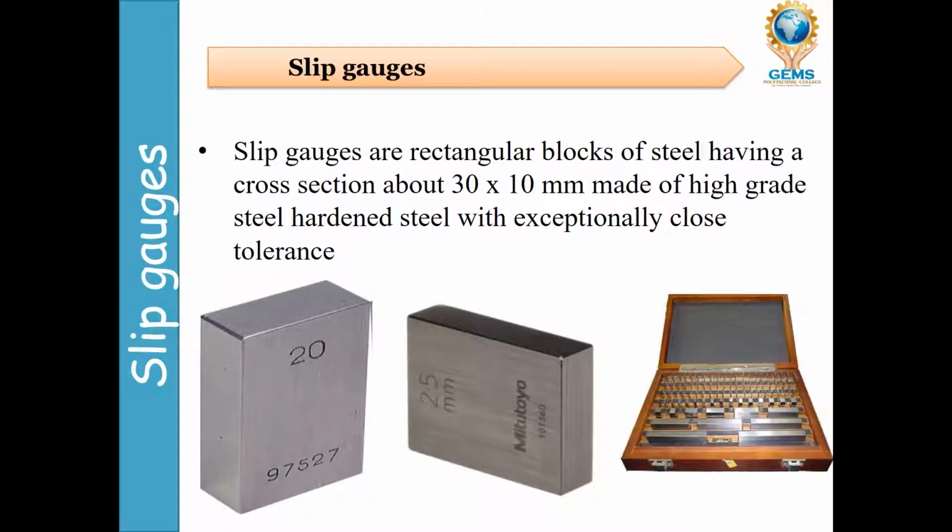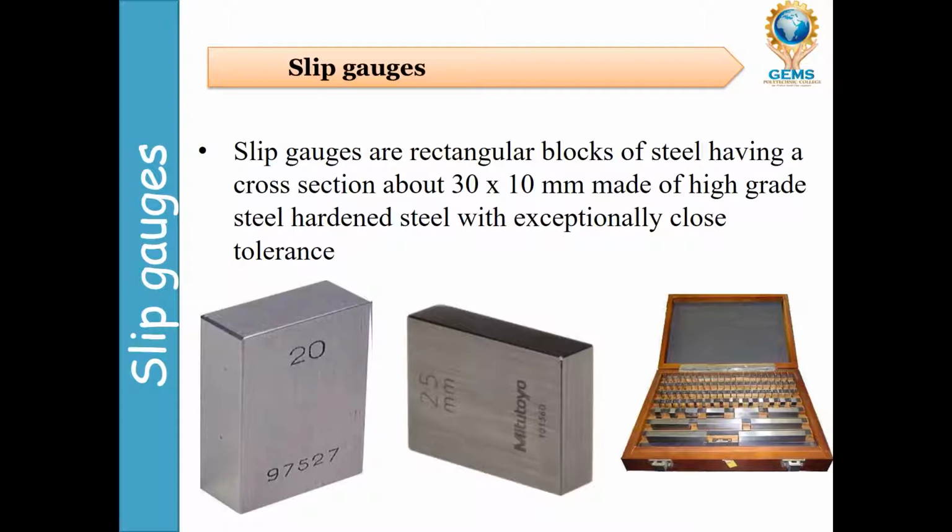These slip gauges are very accurate, it means they have very high accuracy. When we calibrate any equipment, these slip gauges will be used. So slip gauges are used for calibration purposes. Another is the angle gauge.